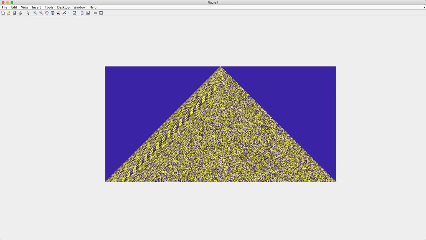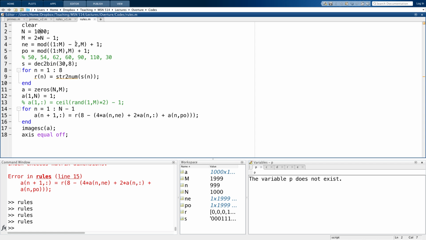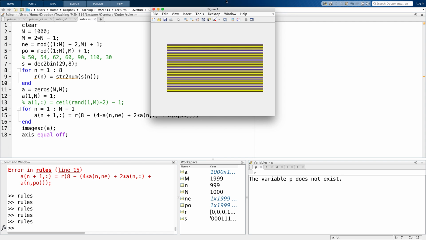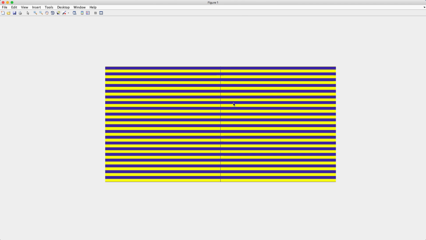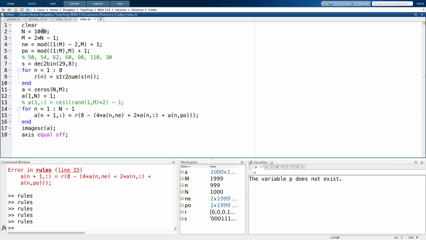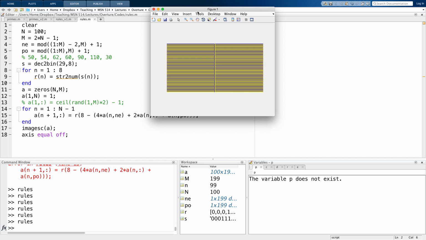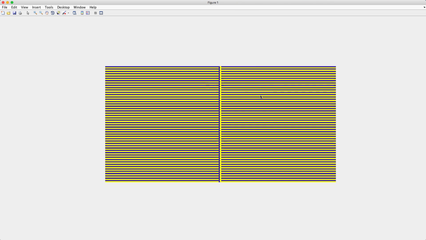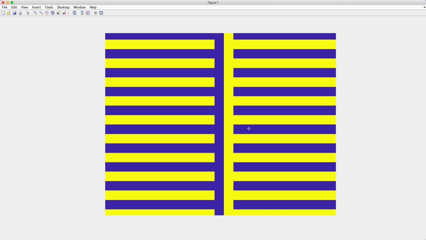So what Wolfram did was play with all possible rules. Let's try 29. It's very close to 30, right? It couldn't be further apart though. Let's make it 100 maybe. Then you can see the patterns clearly. So it's a quite boring game, right?